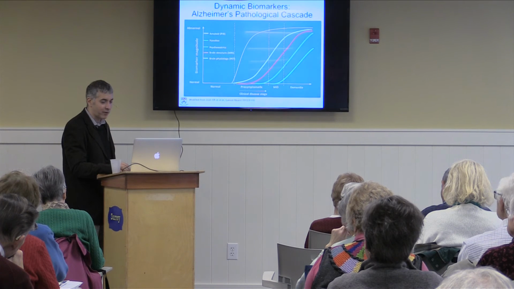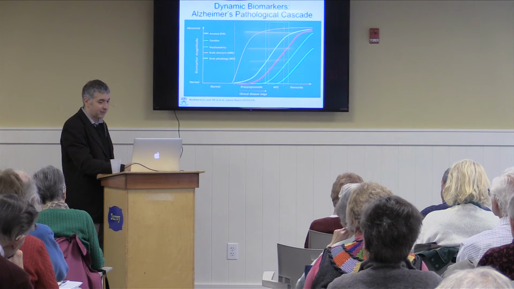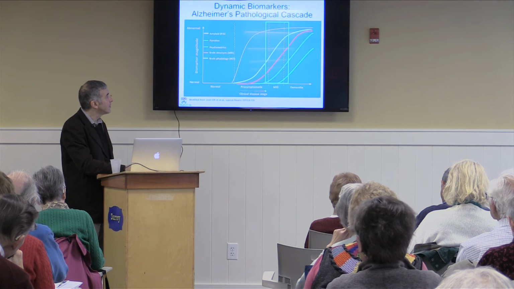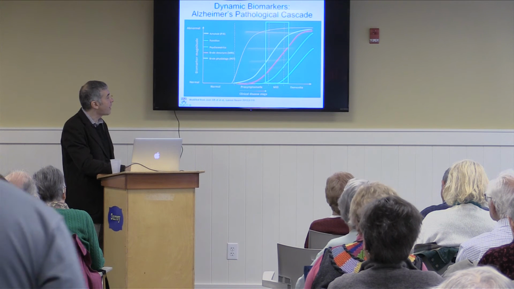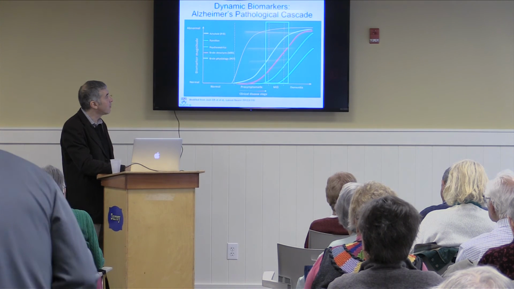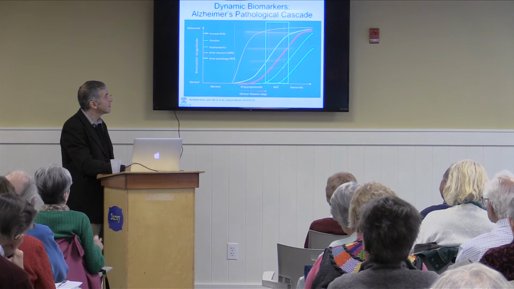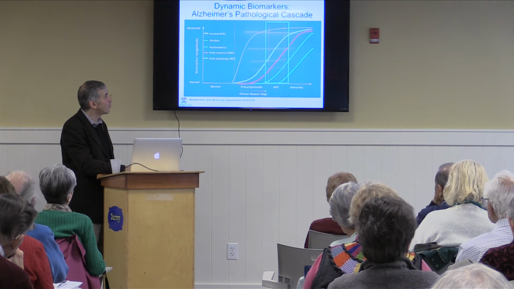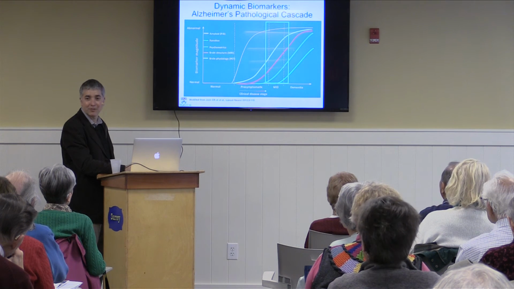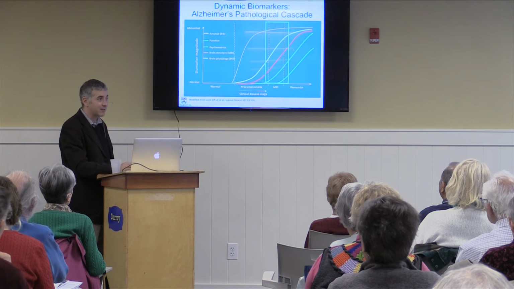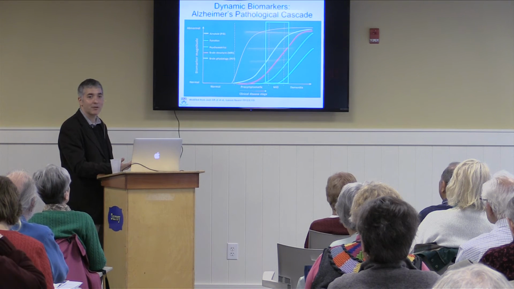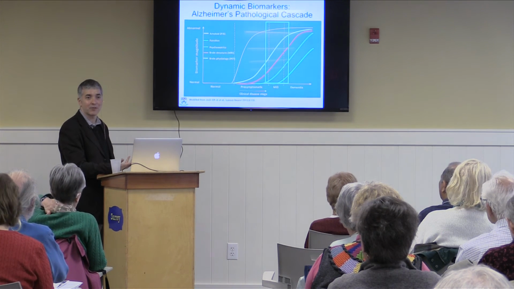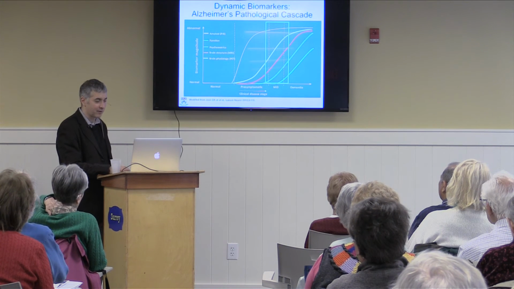And so one of the things we've been working on is knowing these kinds of curves, finding the ones that, in the mild cognitive impairment stage, tell you whether you're closer or not to moving into Alzheimer's disease. Basically, one of the things that seems to help us is brain structure. The more shrinkage there is in certain parts of the brain, the closer you are to Alzheimer's disease.